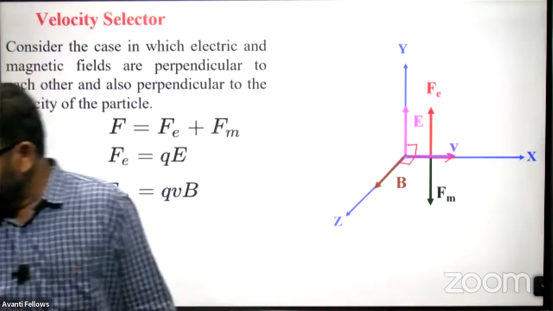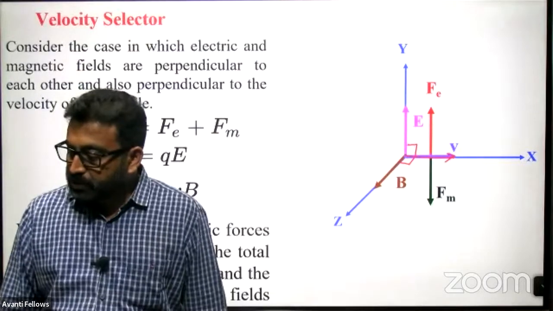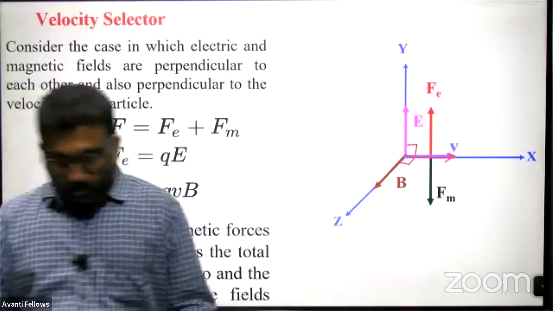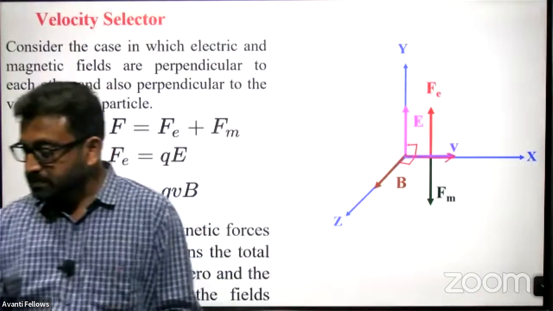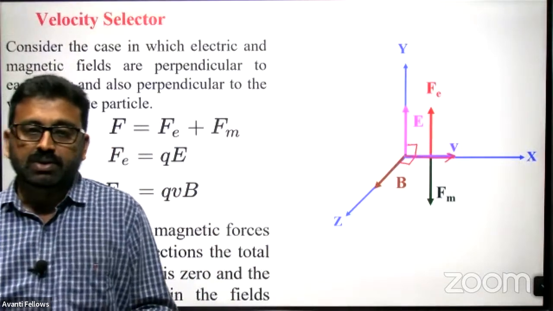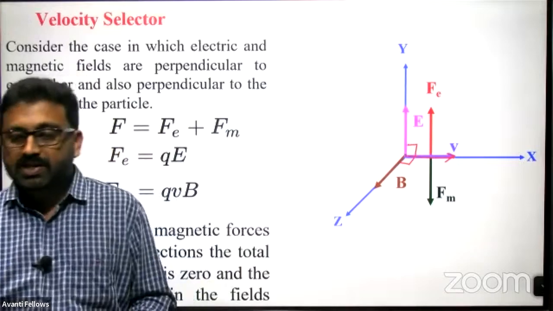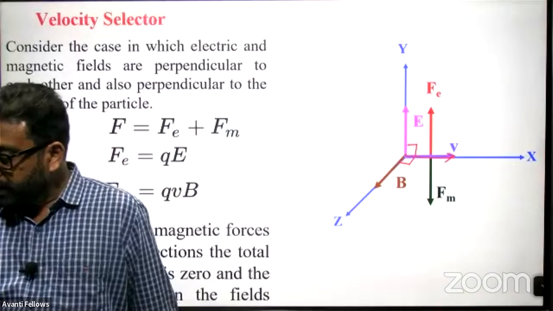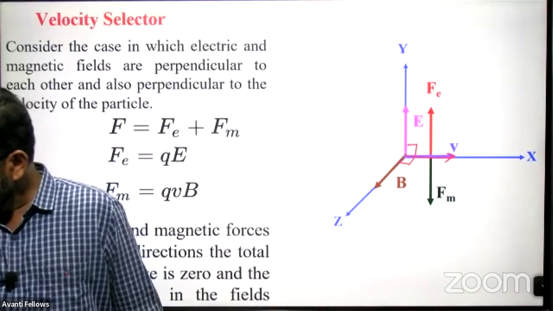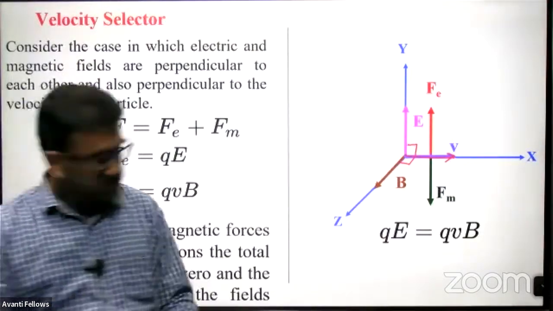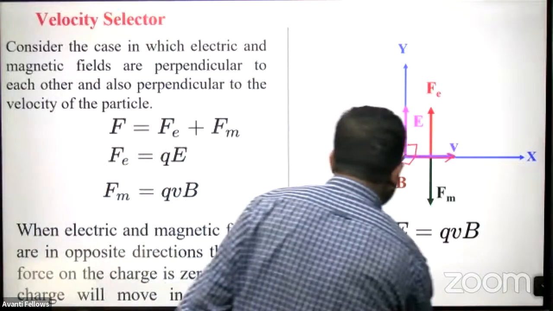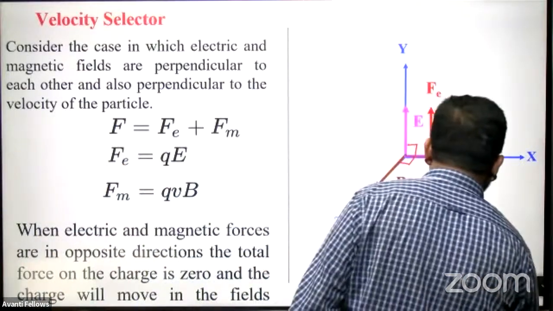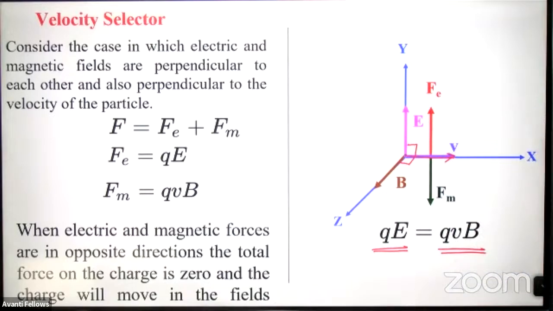And electric and magnetic forces are in opposite direction, so the total force on the charge is 0. Here QE, force due to electric field, and QVB, force due to magnetic field, both are equal.